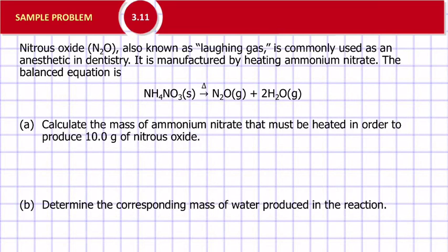So I'm going to use the chemical equation here to organize myself. I'm looking for question mark, grams. And it's how much of that to produce 10 grams of nitrous oxide. So I want to make 10.0 grams of nitrous oxide. How much ammonium nitrate do I need to start with?